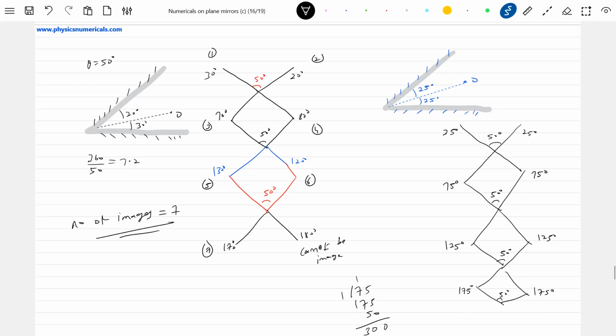So it is not equal to 360. So the final images will not merge. So then what do we have to take here? We have to count the number of images here. This will be 1, 2, 3, 4, 5, 6. So the number of images will be 8.